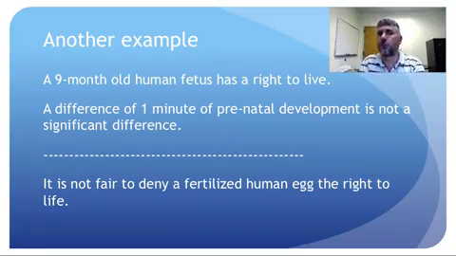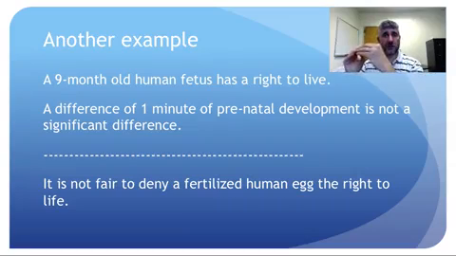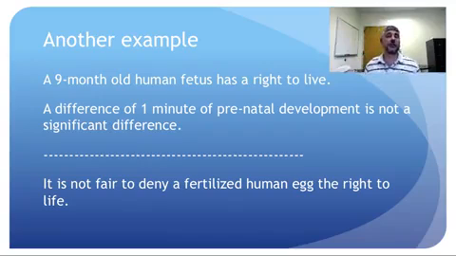And the reason it's not supported by the premises is because this argument assumes, again, that it can't be fair to deny a prenatal life the right to live if it's not significantly different from a prenatal life that does have the right to live. Again, it assumes that differences in fair treatment have to be significant differences. And again, that might very well not be true. So that's why this is a fairness slippery slope argument. That's why this is a fallacy.